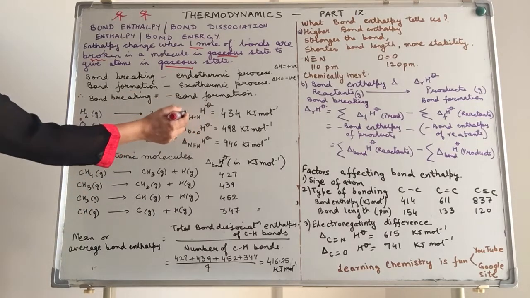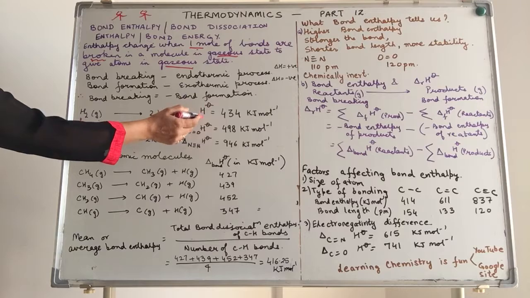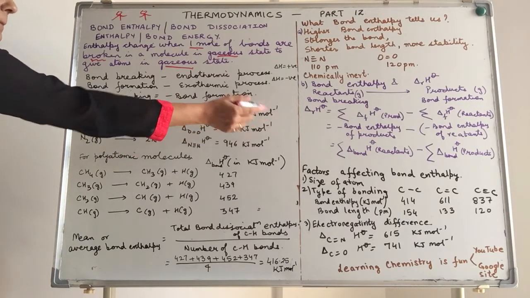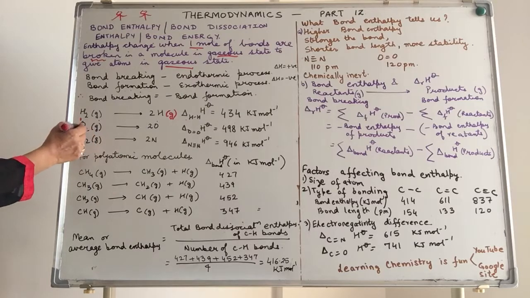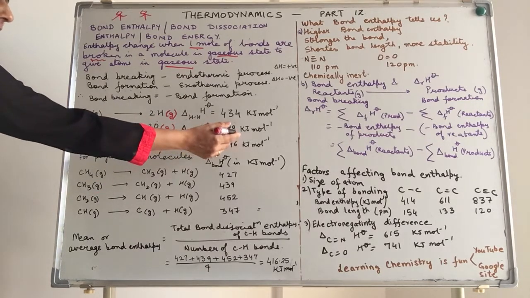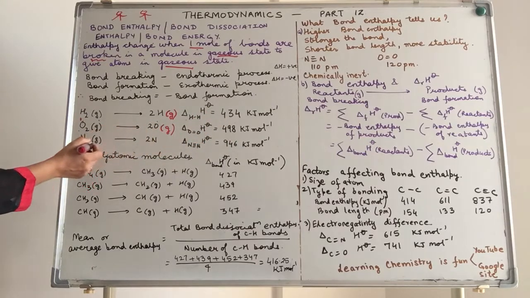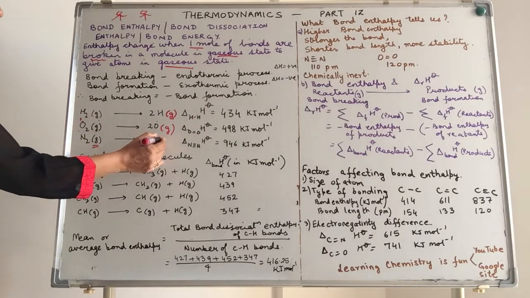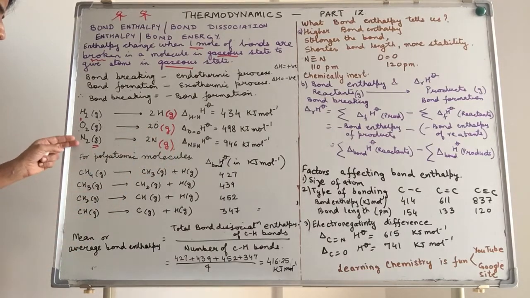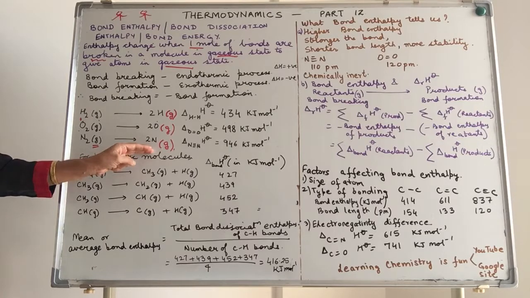The enthalpy change, the standard molar enthalpy change is 434 kilojoule per mole. Same way for oxygen, it is 498. Again, we have to stress on the gaseous form of a substance. We are starting with the gaseous form of the reactant and we are getting the gaseous form of the atoms.